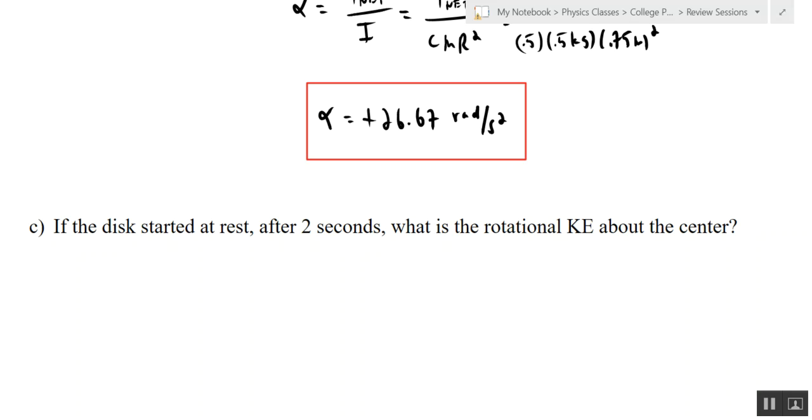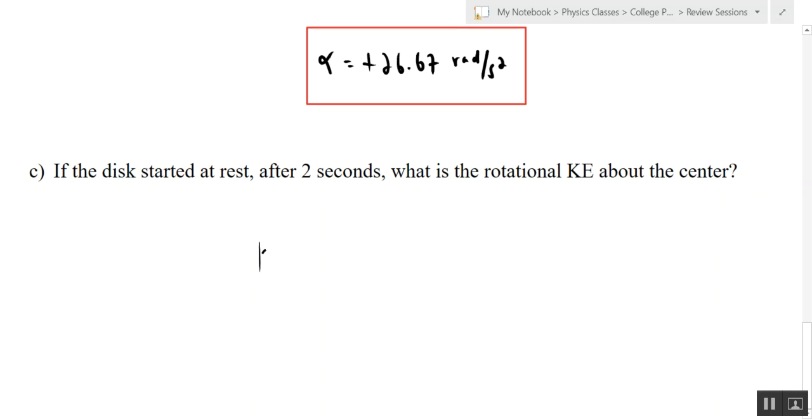It's KE rotational is equal to 1/2 I omega squared.